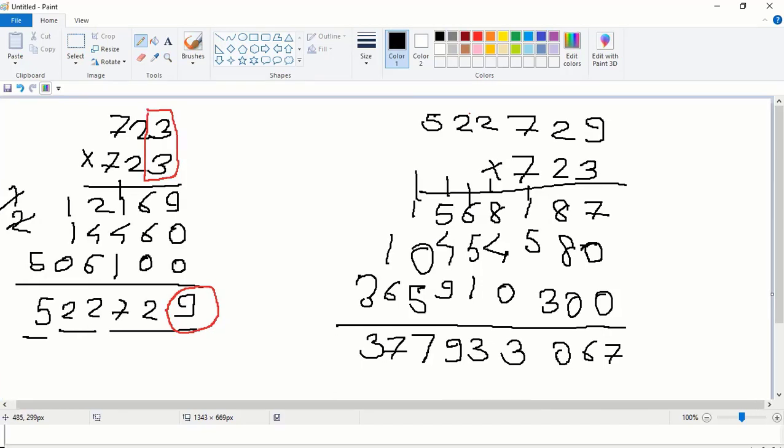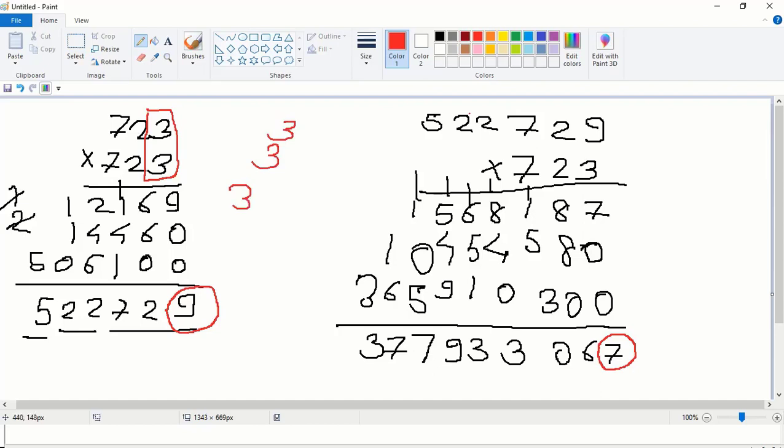What I want to explain here is this last digit. Let me change the color for your better understanding. This last digit 7 is depending on 3 power 3.